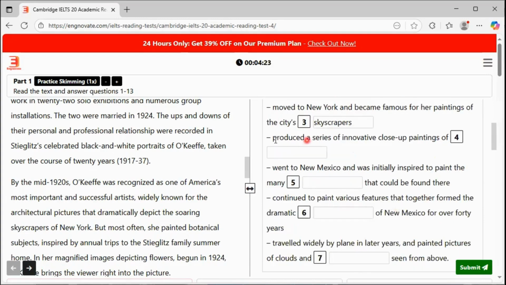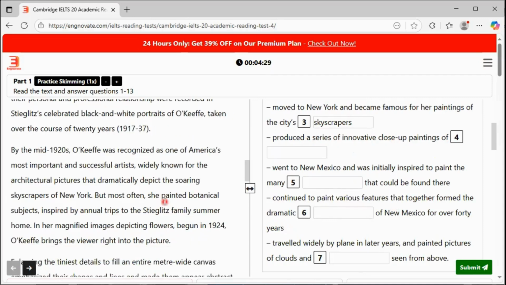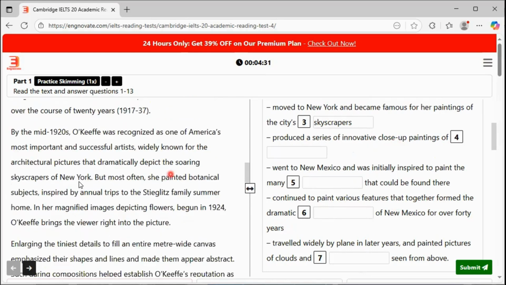Okay. Number 4, produced a series of innovative close-up paintings of dash. Innovative close-up paintings. Those are my keywords. Let me go back to the passage. So skyscrapers is here. Painted botanical pictures inspired by annual trips. Magnified images depicting flowers.